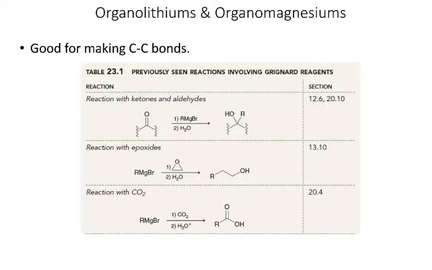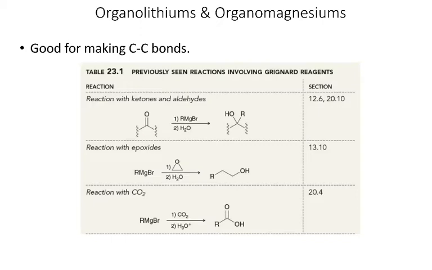So this is just a list of some reactions involving Grignard reagents that we'll encounter throughout Orgo 1 and Orgo 2. A common feature that you'll see in these reactions is that we're adding R groups to a carbon. So we're creating carbon-carbon bonds. And that's one of the reasons we often use organometallic compounds, because it's one of the few ways to easily create carbon-carbon bonds.